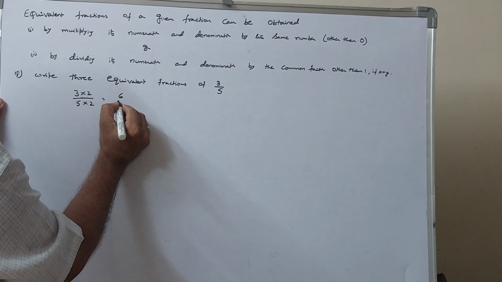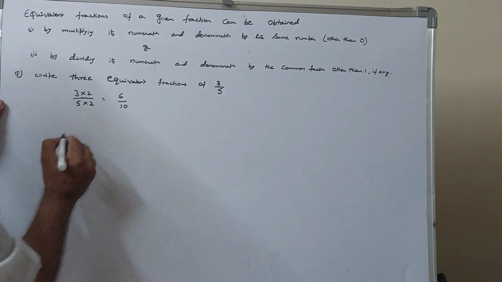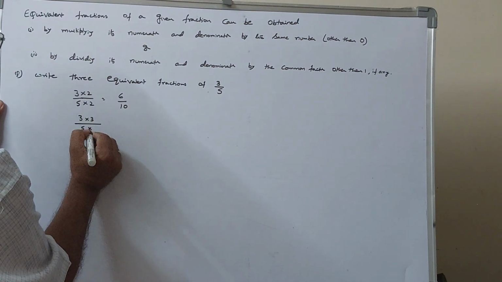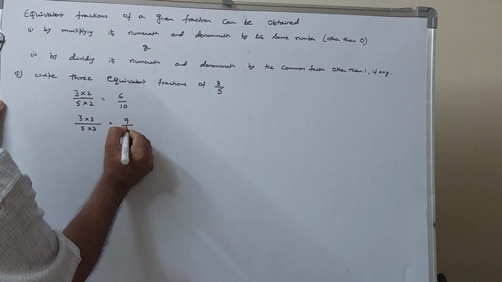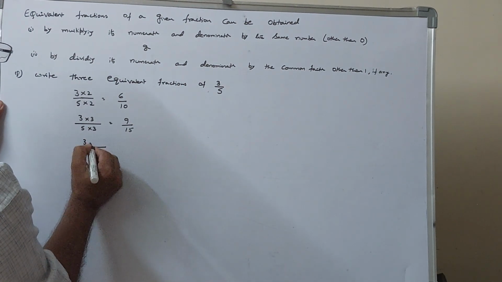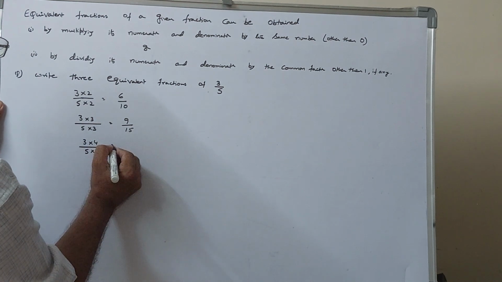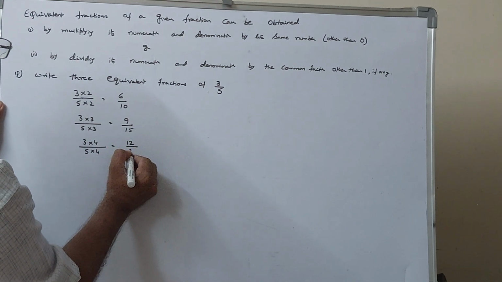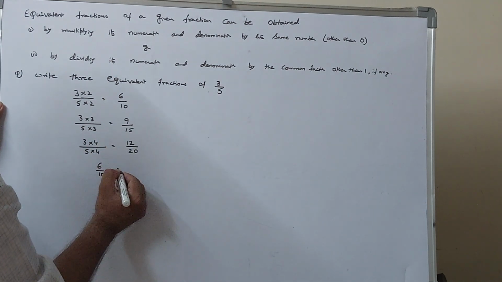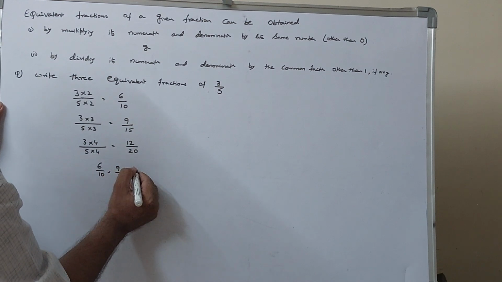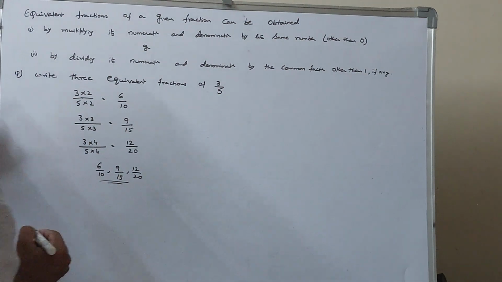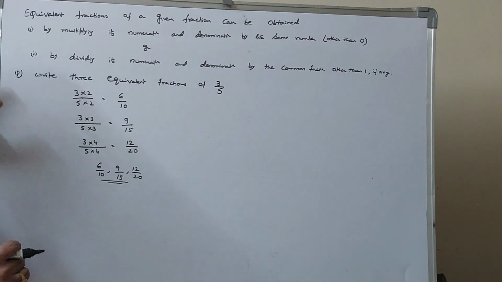So 3 2s are 6 by 5 2s are 10. Similarly, 3 by 5 into 3 into 3: 3 3s are 9 by 5 3s are 15. 3 by 5 into 4: 3 4s are 12 by 5 4s are 20. So the 3 equivalent fractions of 3 by 5 are 6 by 10, 9 by 15 and 12 by 20. This is the way you have to solve the question.